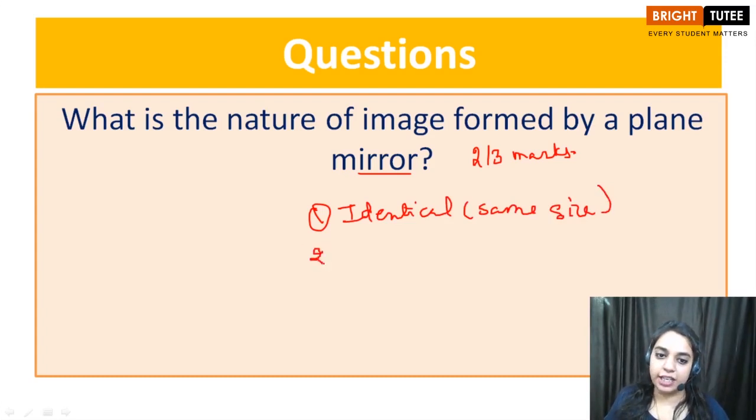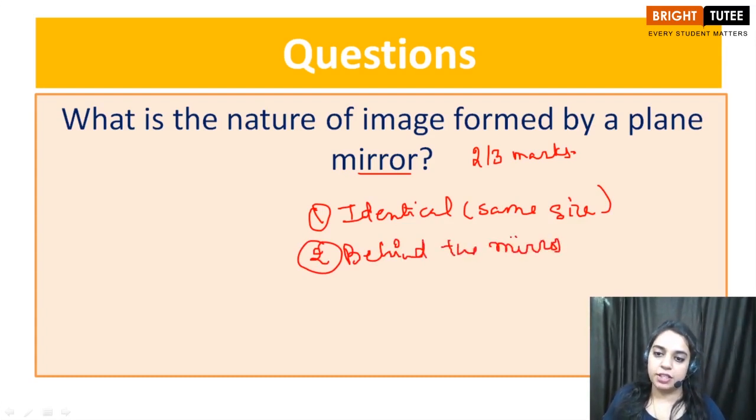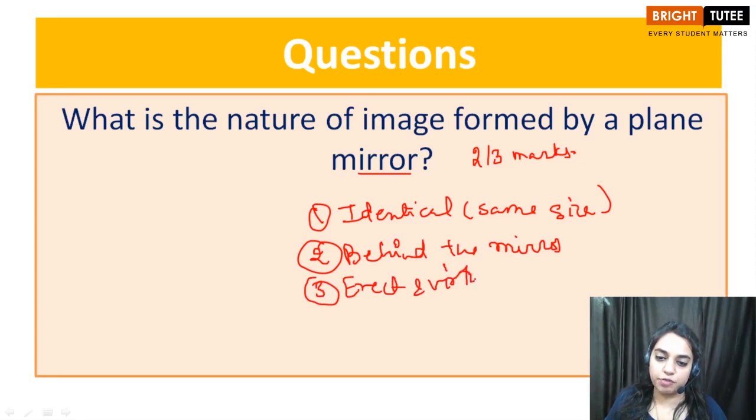Second, it will be formed behind the mirror. Next, it is always erect and virtual. Erect and virtual image is formed.